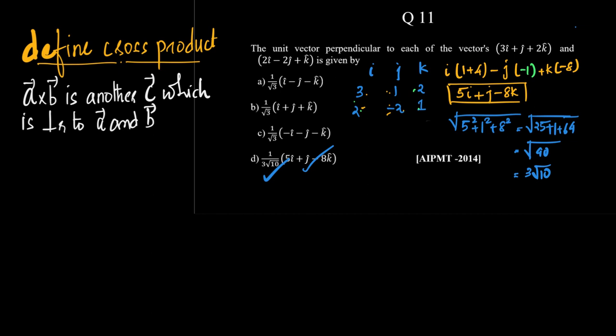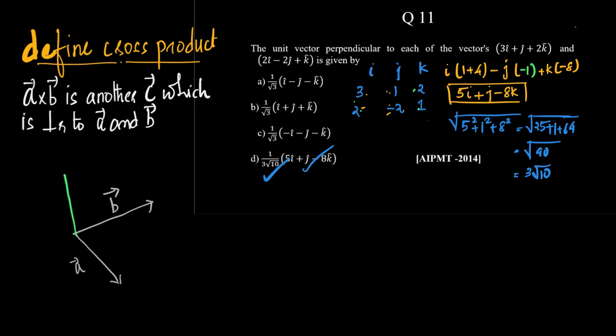Now let us spend a couple of minutes to actually understand the concept of cross product that we're talking about. See, when we have vectors, let us take an inclined one. Say if this is vector A and if this represents vector B, then what is the cross product?